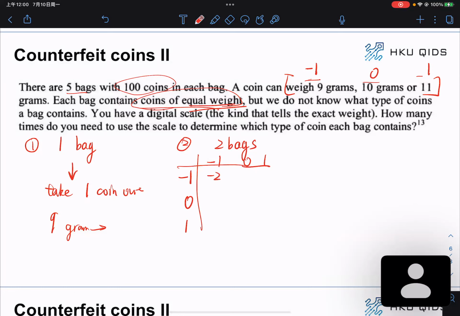And the sum is going to be -2, -1, 0, -1, 0, 1, 0, 1, 2. So you can see the range is -2 to 2, and there are in total 5 possibilities.